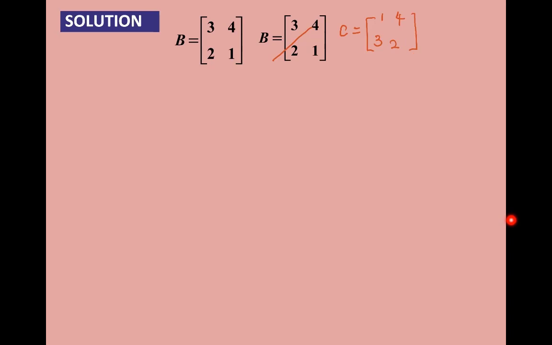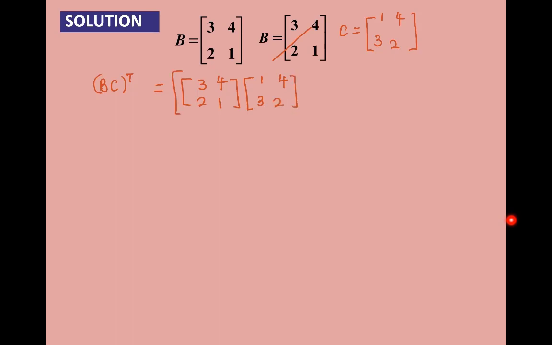We are trying to show that (BC) transpose equals C transpose times B transpose. So let's take matrix B, [3, 4; 2, 1], and multiply it with matrix C, [1, 4; 3, 2], first.